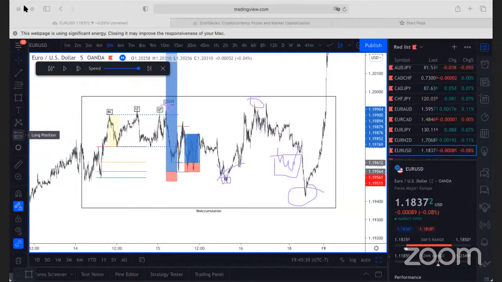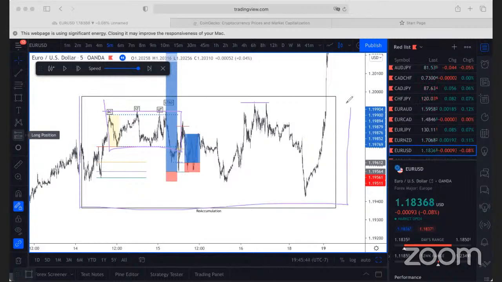But now, like how we're looking at this now, let's ultimately understand we had a distribution that was taken out, and this whole thing together, based off of our distribution failing, we jump across the creek, we break structure.